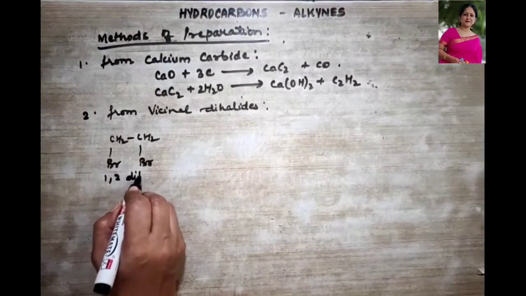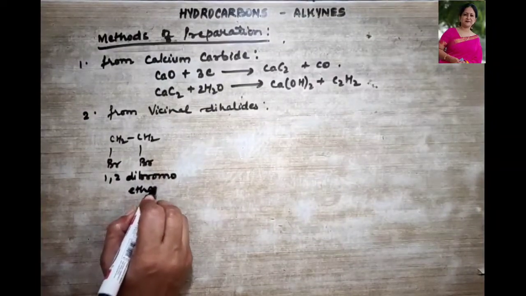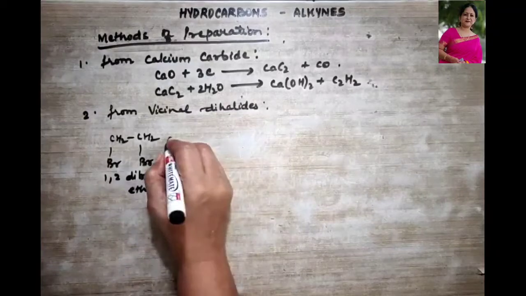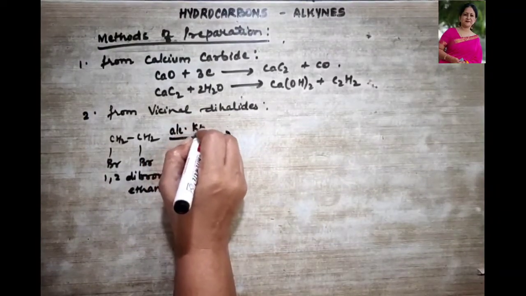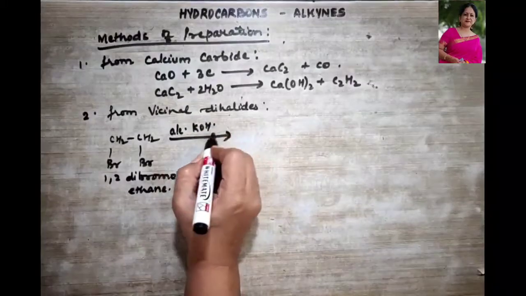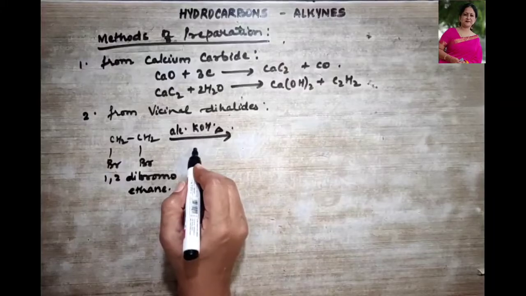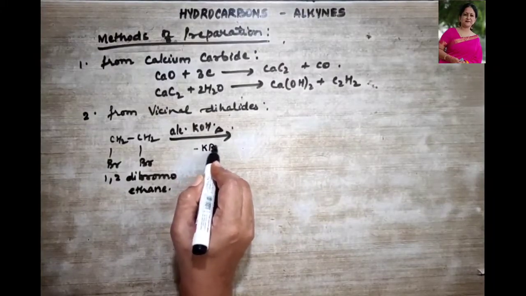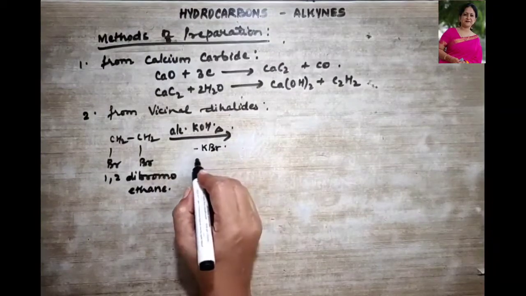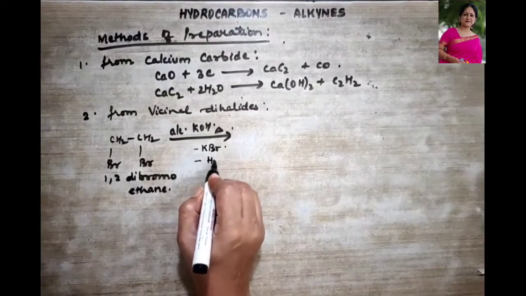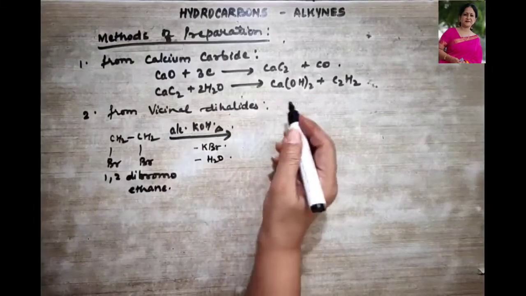1,2-dibromoethane, right? When this is treated with alcoholic KOH, when it is heated with alcoholic KOH, it will firstly remove KBr, and it is also going to remove water from here. So if water and KBr are removed, what do we get?